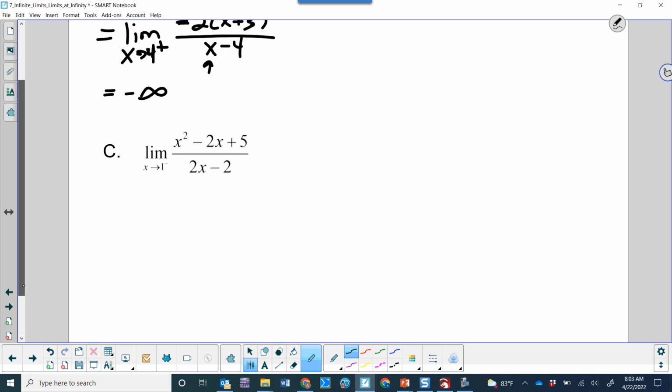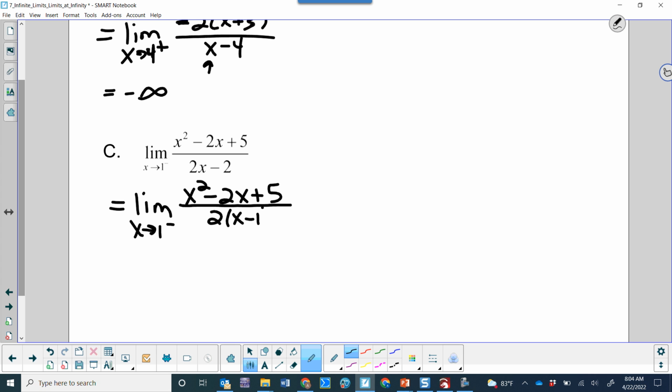So then let's look at C. Same idea. I'm approaching from the left of 1. So I'm going to see if I can factor the top. Well, guess what? Can't factor the top. I need factors of 5 that would add to -2. Those don't happen. So this doesn't factor. The bottom factors, not much, but it does factor out a 2.